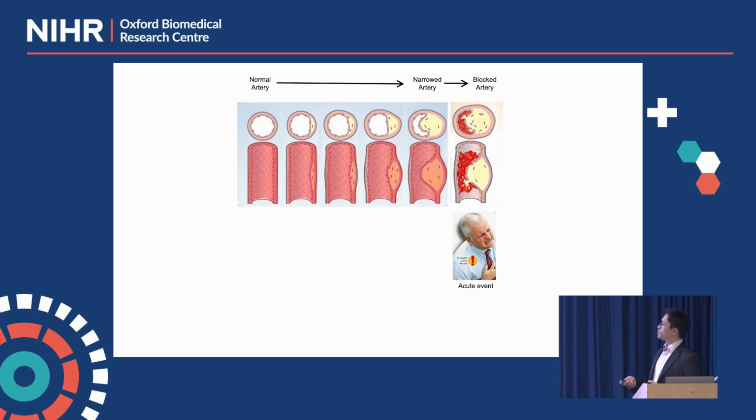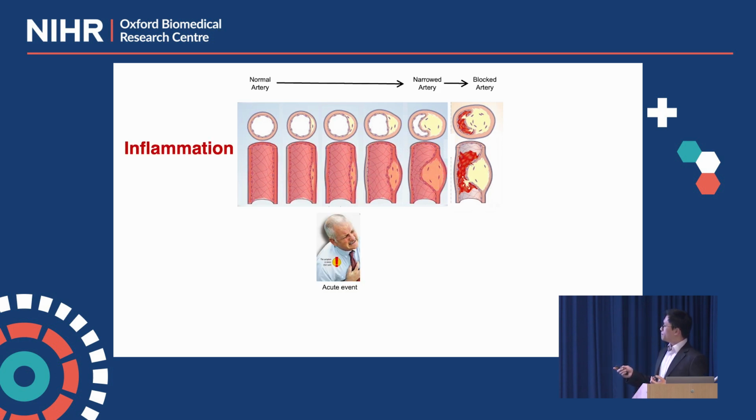Now we have to look before the heart attack occurs, and one of the major problems of the heart arteries that we don't capture in current practice is the inflammation of the heart arteries, and it drives the smaller non-obstructive plaques to rupture and cause an acute heart attack.